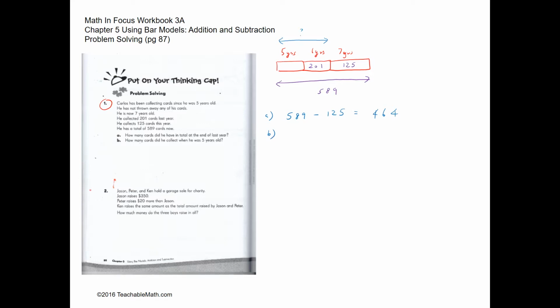And question B, how many cards did he collect when he was 5 years old? So now we're supposed to find this number over here. How many cards did he collect when he's 5 years old? We would take 464, which is this amount over here. So we will take 201.